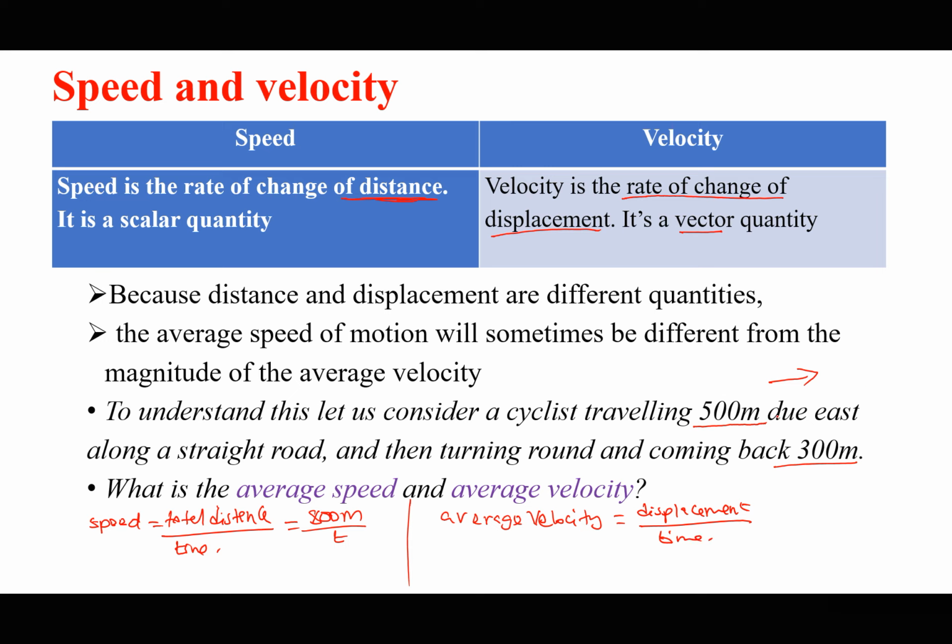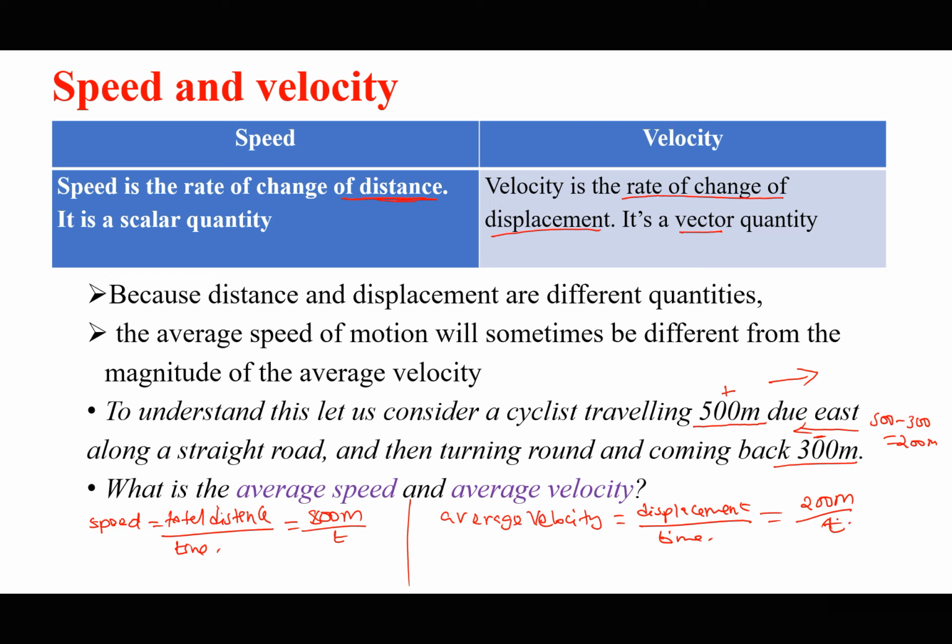The cyclist moves 500 meters to the right and 300 meters to the left. If to the right is positive, then to the left is negative. So total displacement is going to be 500 minus 300, which gives you 200 meters. So the average velocity here will be 200 meters divided by the time, if we are considering the same time.